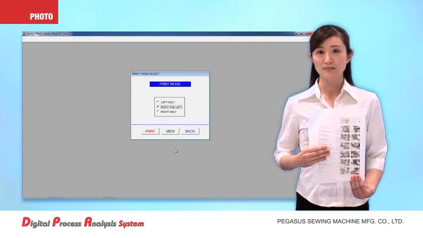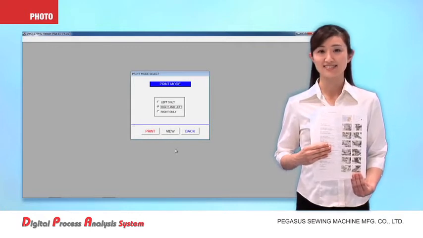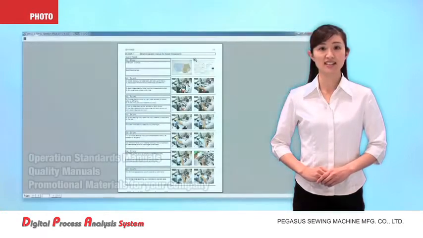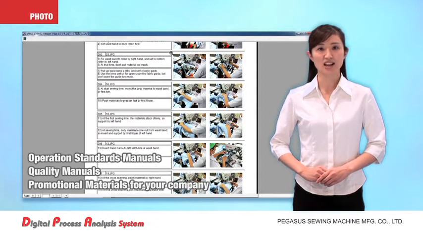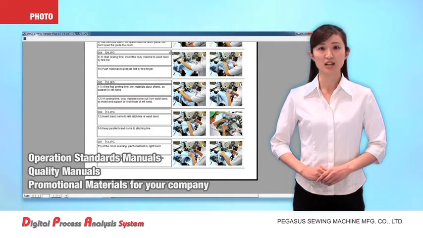It is also possible to print it out for filing. Depending upon your ideas, this could also be used to produce other documents such as operation standards manuals, quality manuals, or promotional documents.